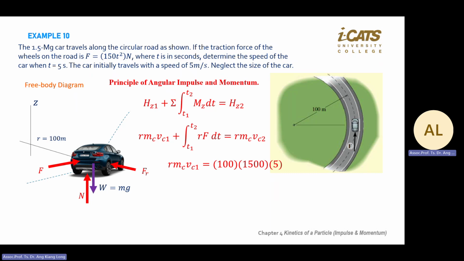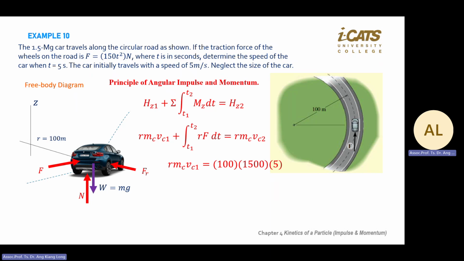The rest is substitution. There will be one unknown there. R is given, mass is given, velocity is given, and force is in the formula form, in terms of T. So this is an integration question. R is constant, so you just integrate the equation.